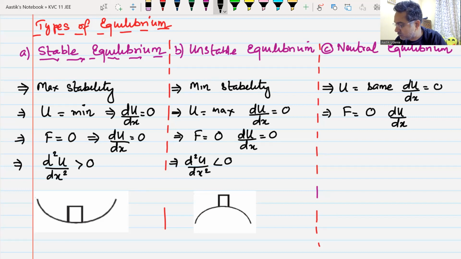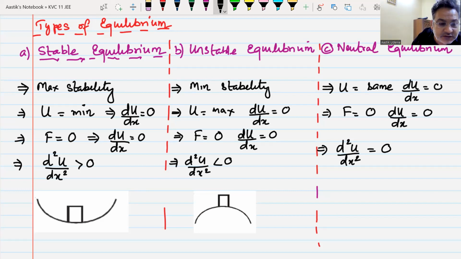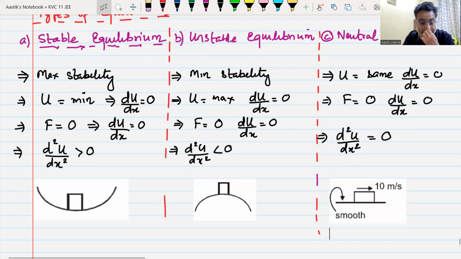That also means that the slope is 0. And here d2u by dx square becomes equal to 0. So this becomes a case where the body is on a flat surface. There is no force acting on the body even if I move it left or right. The restoring force acting on the body is 0 no matter where I move it. So this becomes an example of neutral equilibrium.